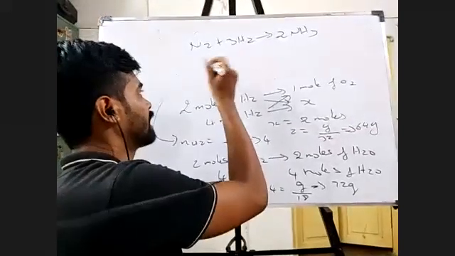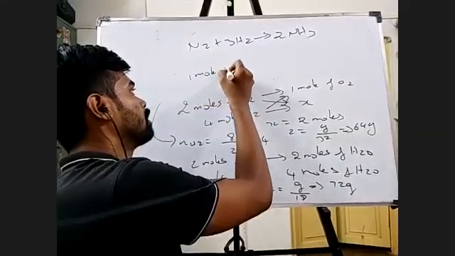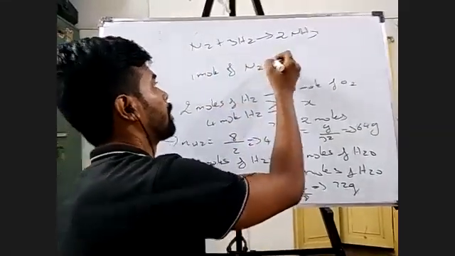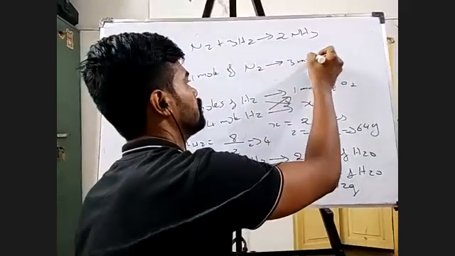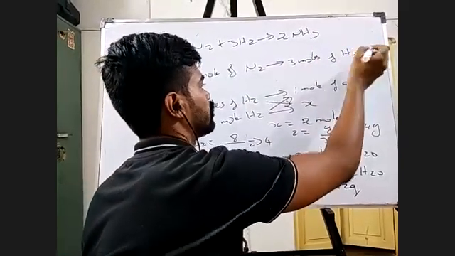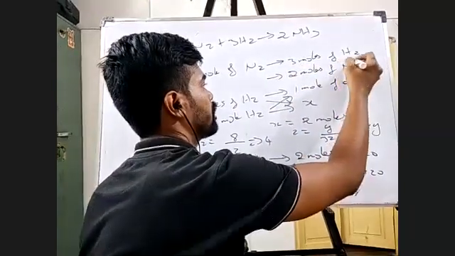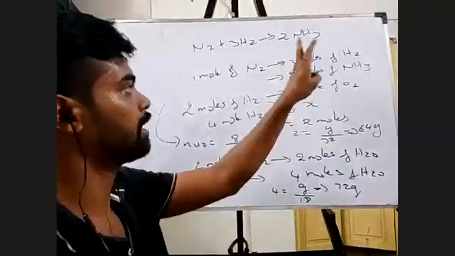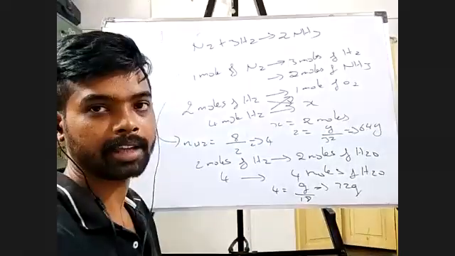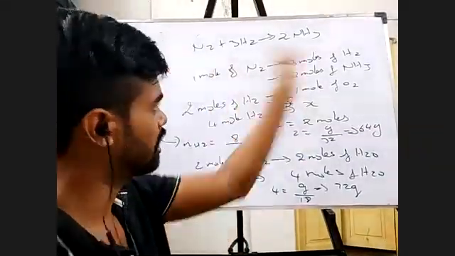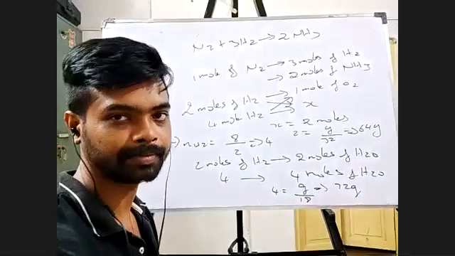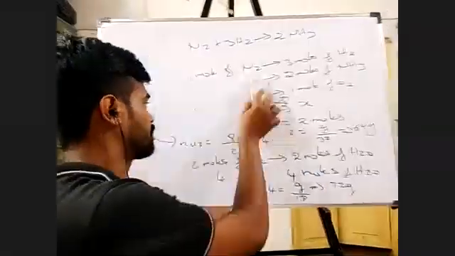So I directly say that 1 mole of N2 combines with 3 moles of H2 to form 2 moles of ammonia. This is the statement I directly get from the stoichiometric equation. If I know the balanced equation, I can directly write this.